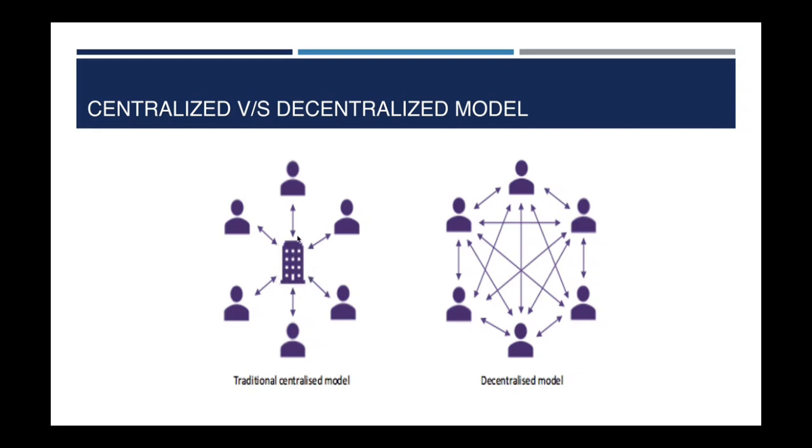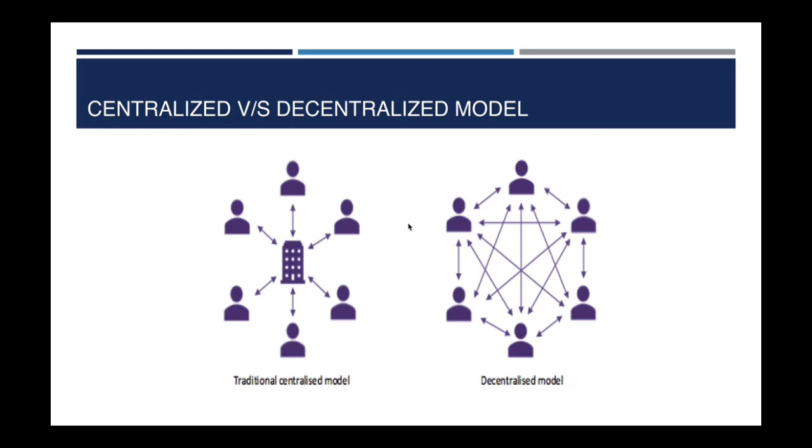So one organization is responsible for maintaining the data in the system. So if you want to be part of that system, you should trust that central authority with the data that you are providing to that organization.